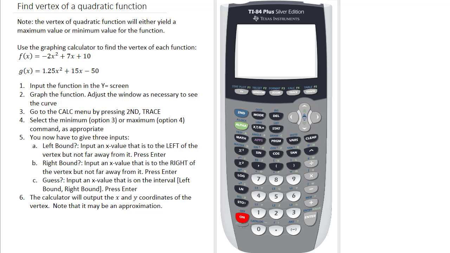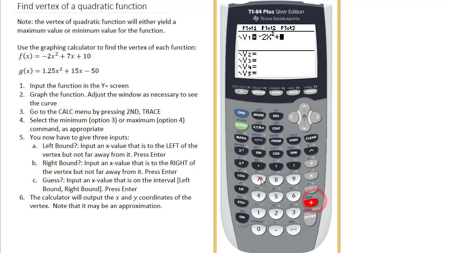I have the function f of x is negative 2x squared plus 7x plus 10, and the function g of x is 1.25x squared plus 15x minus 50. I will use, first, f of x. So I will go into the y equals screen and input the function negative 2x squared plus 7x plus 10.